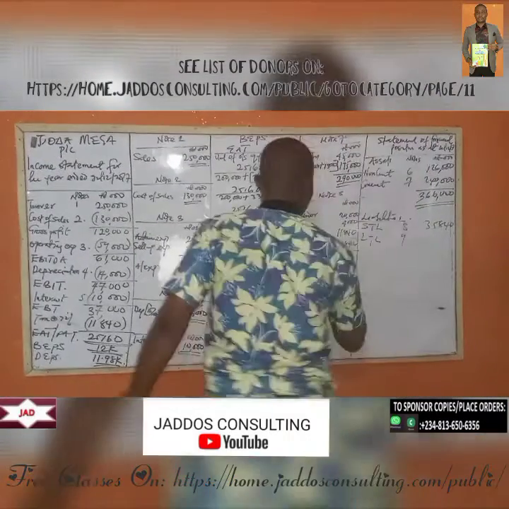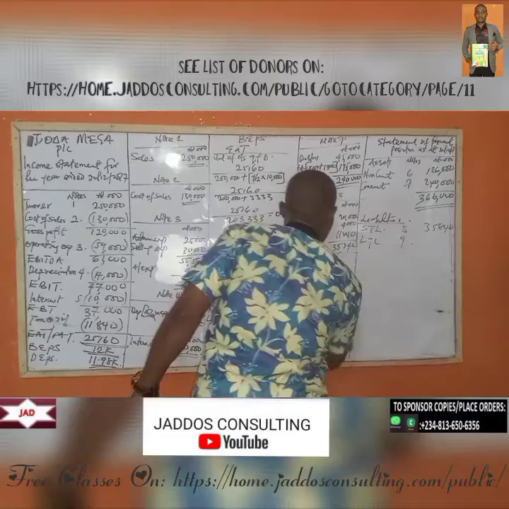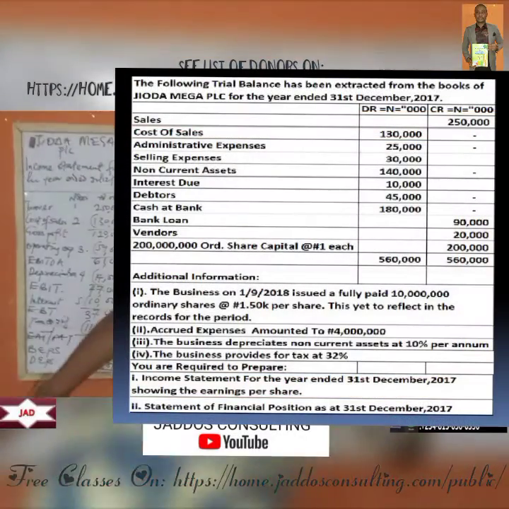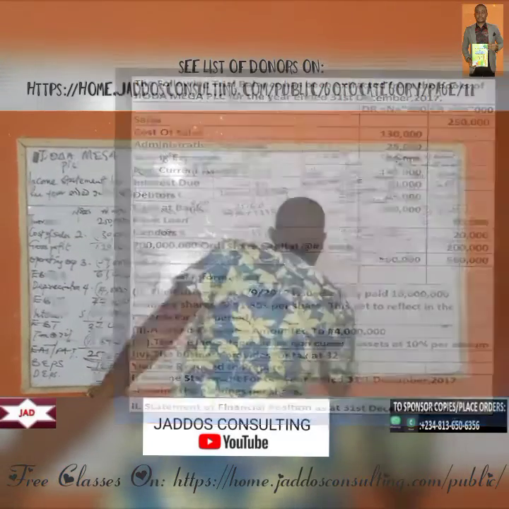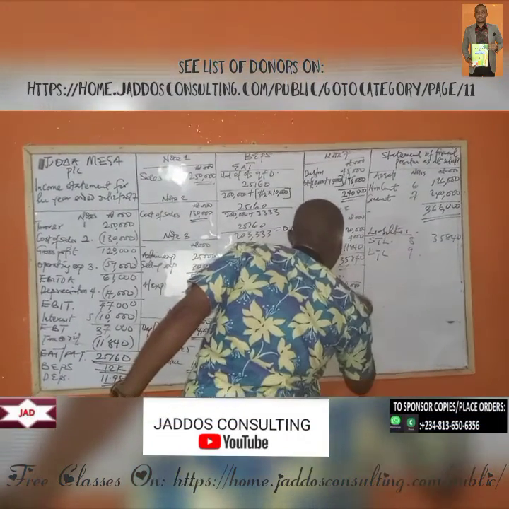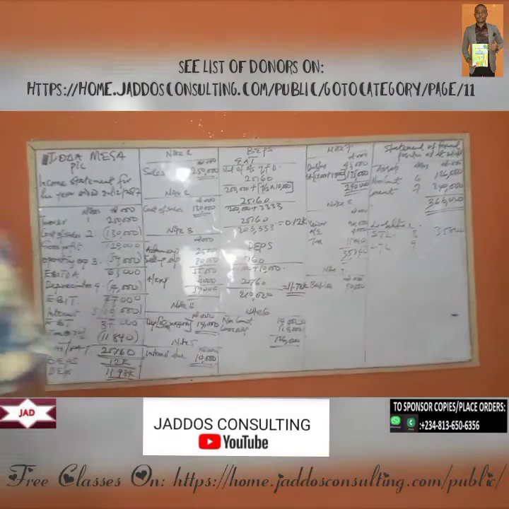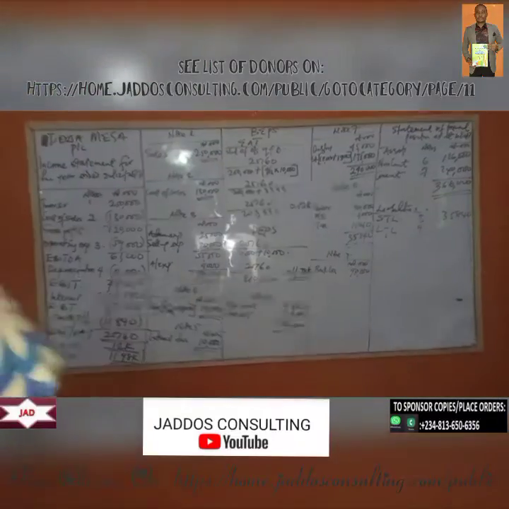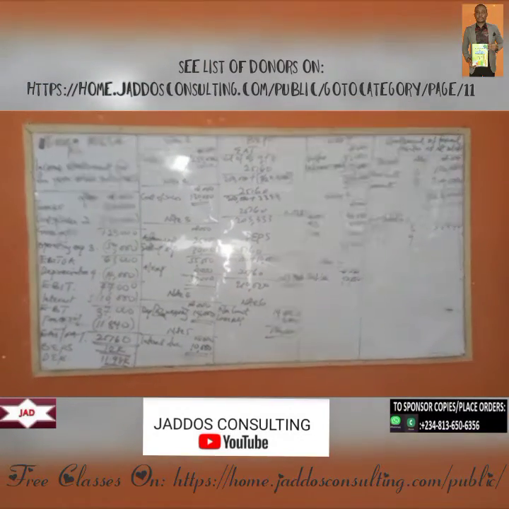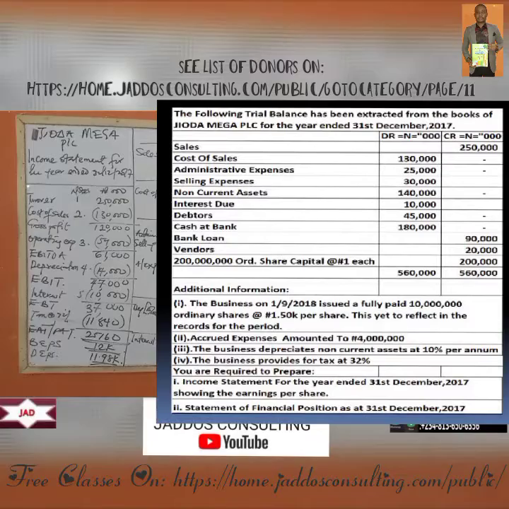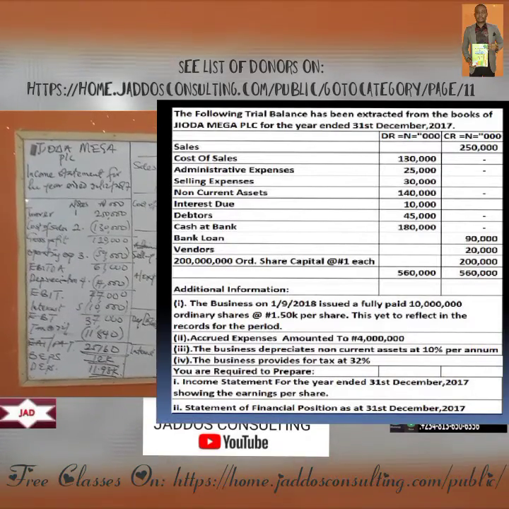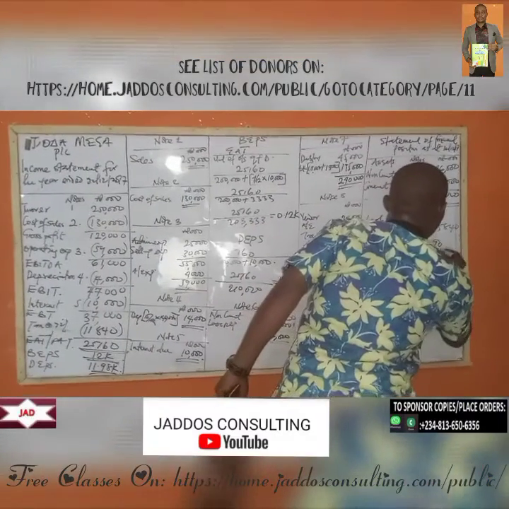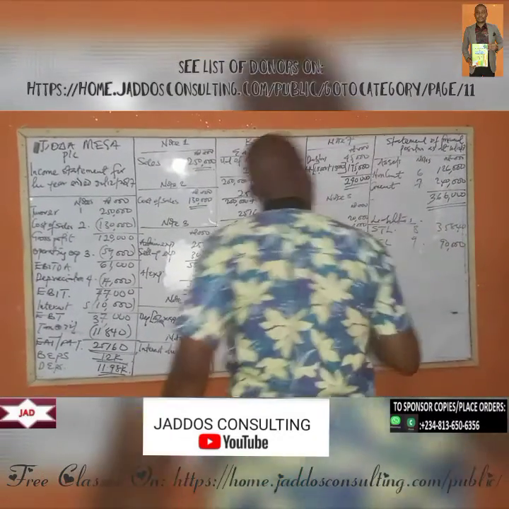So what long-term liabilities here? Note 9. What long-term liability? We have bank loan. So what's our bank loan? 90,000 according to the question. So what's the next one there?